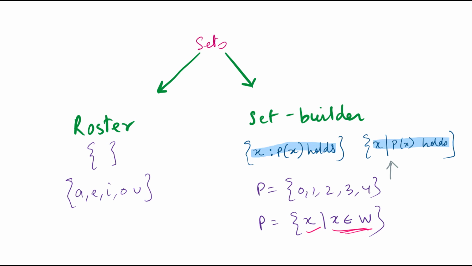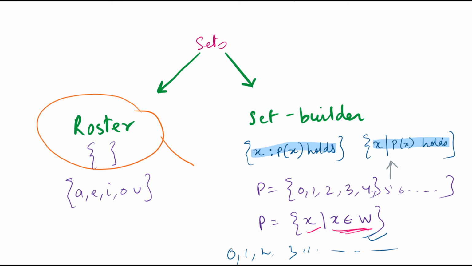More correctly, it will be like 4, 5, 6, dot dot dot, and close. Then x will have values which are whole numbers, so 0, 1, 2, 3, 4, etc. This is how you write your set. Just a reminder, in roster form it is written in this form, and in set builder notation it is written in this form.